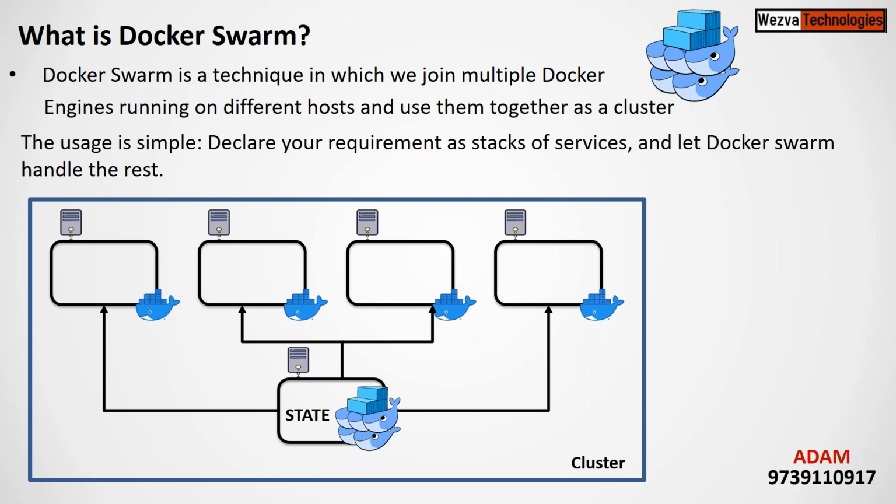Based on that, it will try to create the containers. So if I say I want 3 containers, then you define the state as: I need 3 containers, and for that, which machine is available and how many containers can be created will be taken care of by the Swarm cluster.